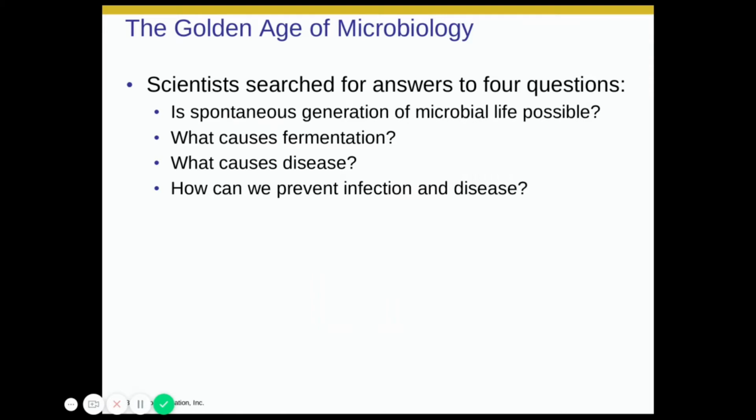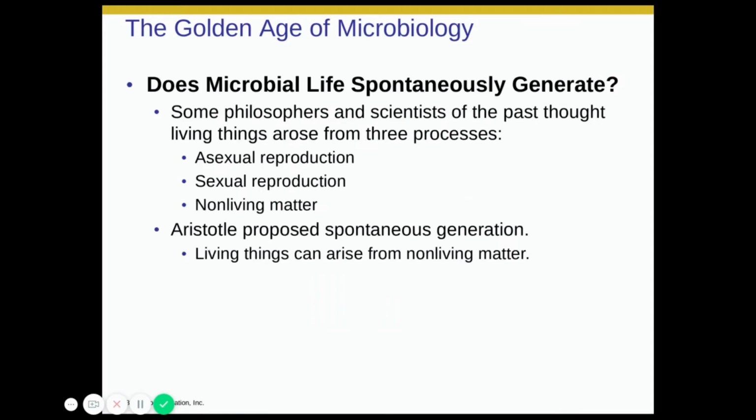So if we know that these diseases are coming from microbes, then can we use things that prevent the microbe from replicating in order to curb that disease, right? So this goes into preventative methods, and this is what we now know, right?